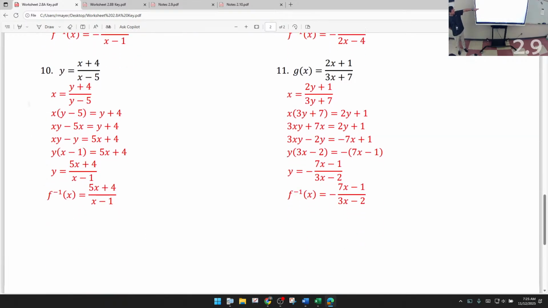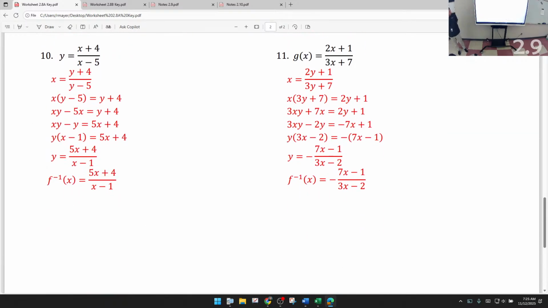Number 10, y inverse, again, (5x plus 4) over (x minus 1). And then 11 should be g inverse, (7x, oh I'm sorry, all of it's negative) negative 7x minus 1 over (3x minus 2).